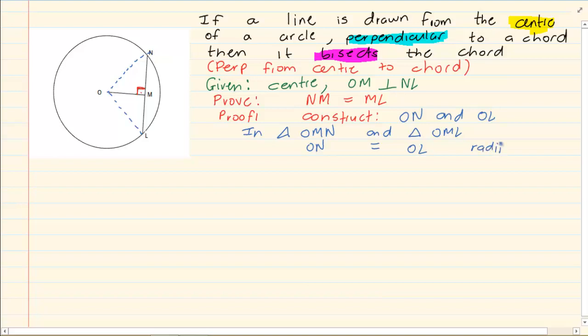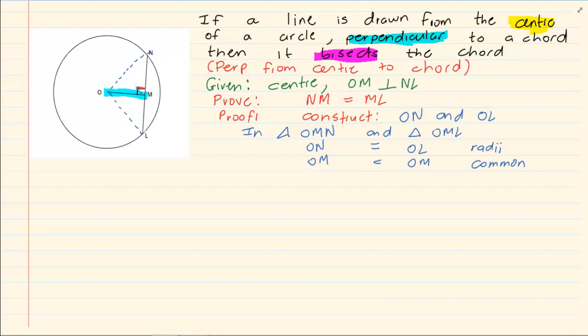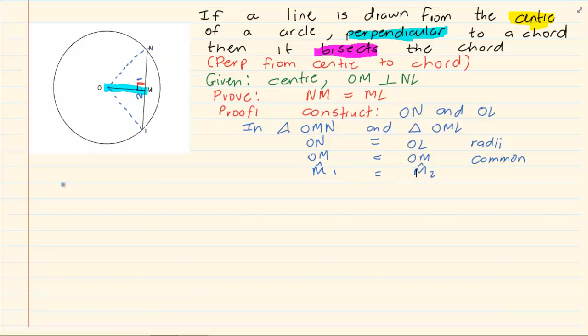Then we have that OM is equal to OM. It's common. It is in both triangles. And last, we have that M1 is equal to M2. Now did you notice I put in the 1 and I put in the 2?